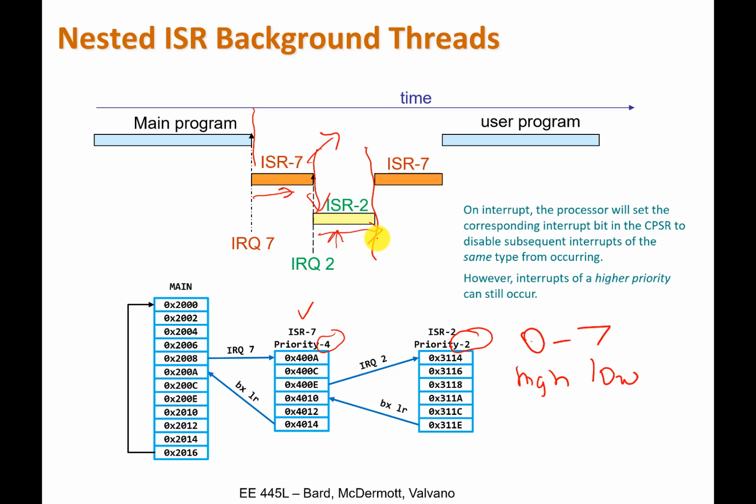When that one finishes, it will do a BX LR, popping 8 registers off the stack, and then we resume and continue the lower priority interrupt until it is done, another BX LR, which will pop 8 registers off the stack, and the user program is resumed. So this essence of priority gives us the ability to establish which threads are important. And for those that are really important, we give it a high priority. And for those threads that are less important, we give it a lower priority.